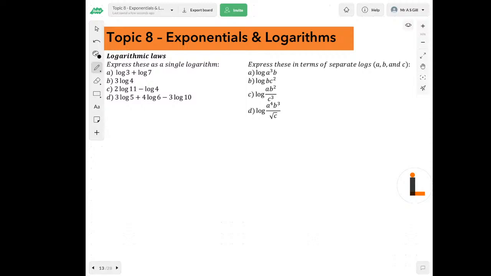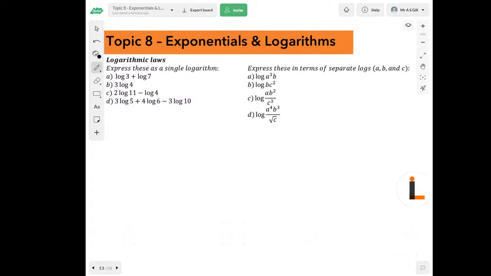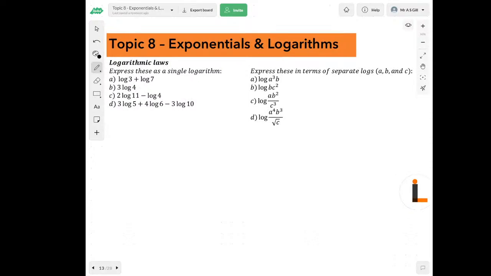So I'm going to go through this first one on the left hand side just to start off with.